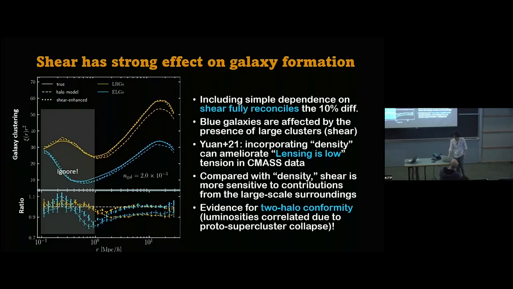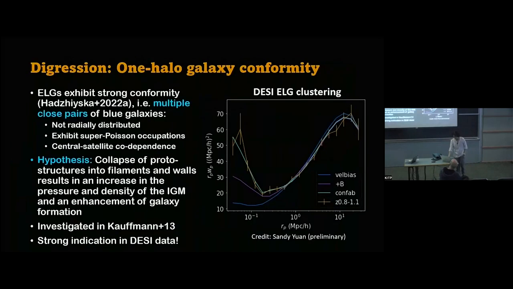And here I just want to digress for a moment and say a few more words about this galaxy conformity. In the second work, which is on the one halo term, we also show that there is indication for conformity on even shorter radii or shorter displacements.